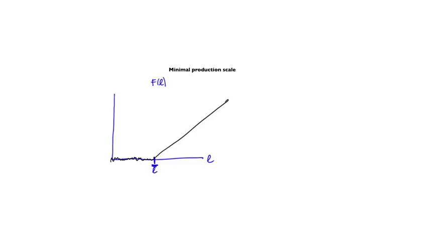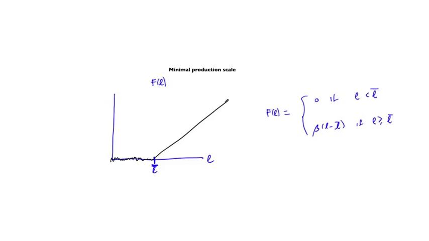Okay? Now, the equation for this production function would be f of L is equal to 0 if L is less than L bar, and then let's say beta times L minus L bar if L is greater than or equal to L bar. So you can think of beta as the slope of that line. Now, what is the intuition behind this type of production function?